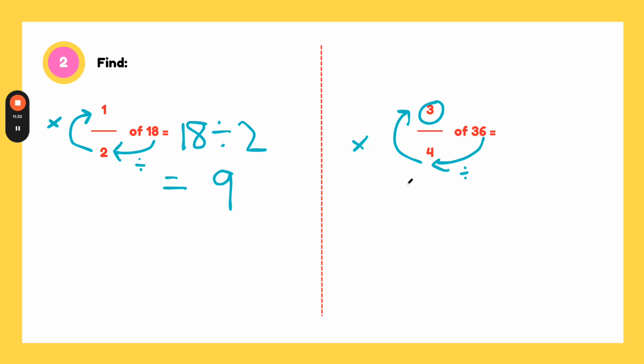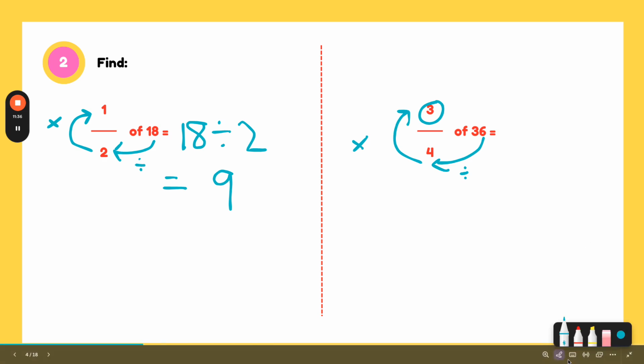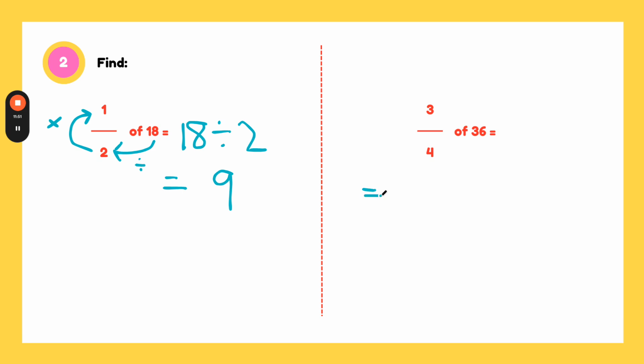So using that to answer this question, if we wanted to find 3/4 of 36, how we would do that is, okay, so we do 36 divided by 4.